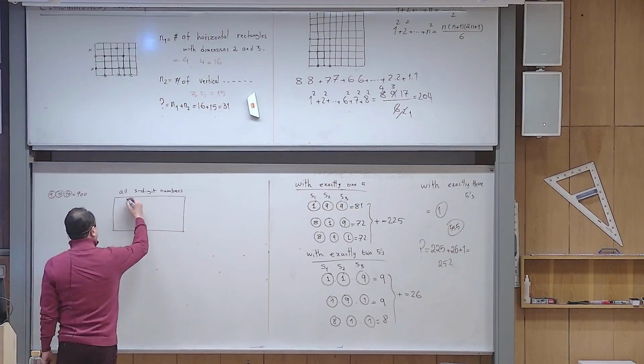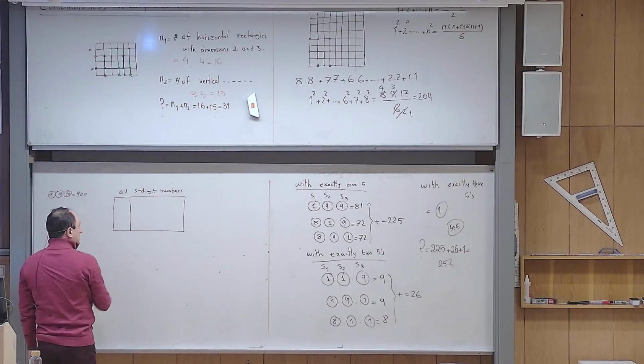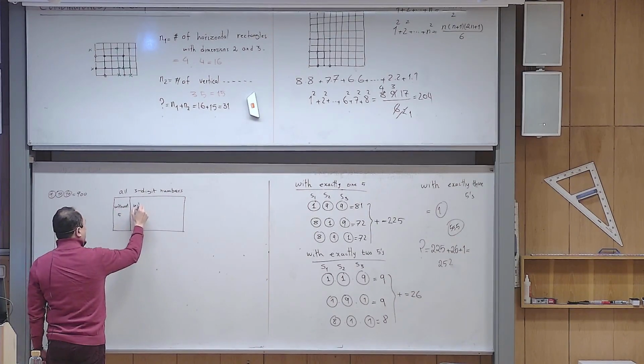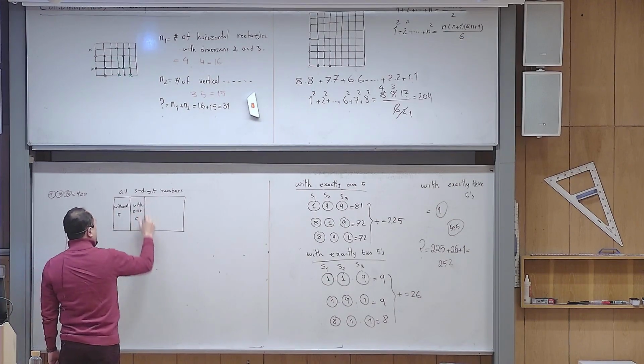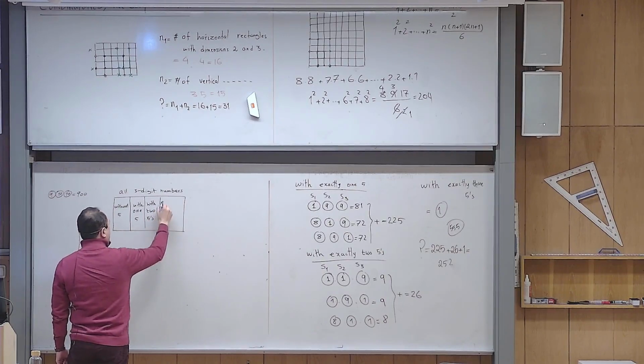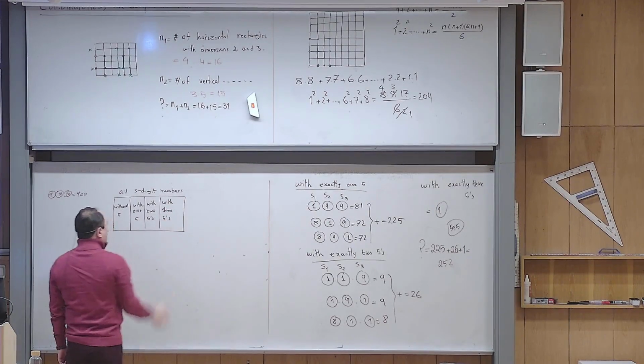But again, I can partition these into 4 pieces, yes? Without 5, with 1 5, with 2 5s, and with 3 5s. Do you agree?